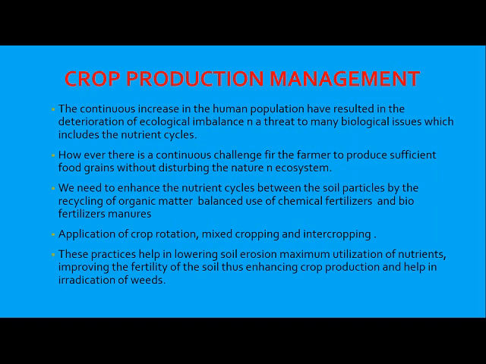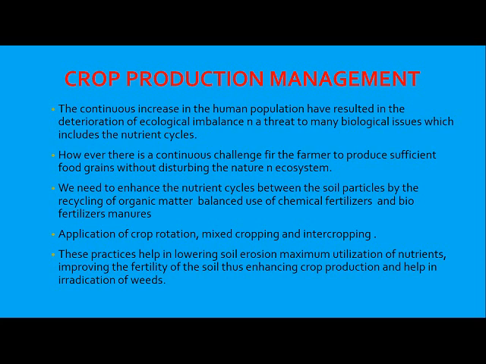Crop production management. The continuous increase in the human population has resulted in the deterioration of ecological balance and a threat to many biological issues which includes the nutrient cycles. I hope children you remember biogeochemical cycles that I taught you in lesson number 14 before your summer vacations.